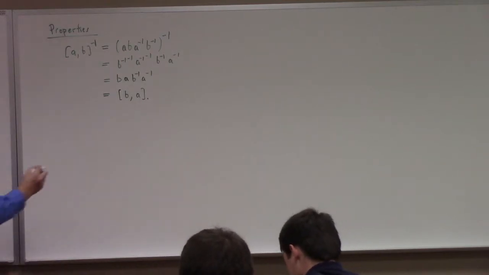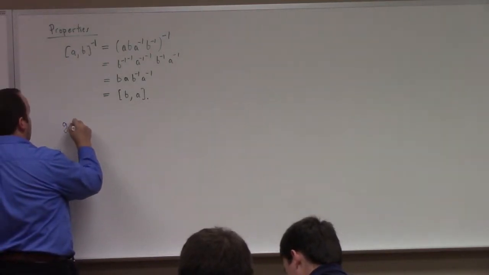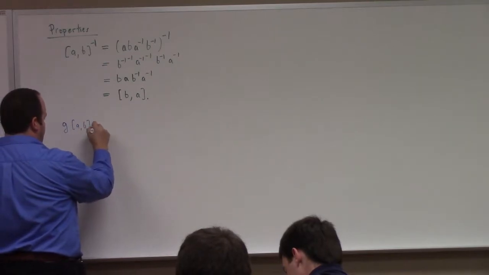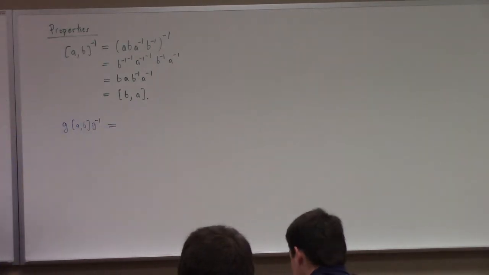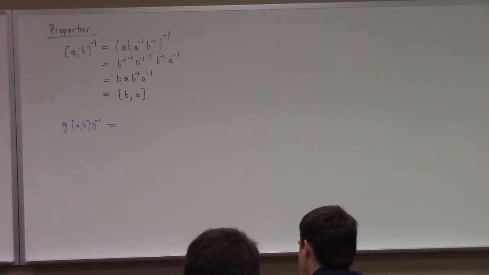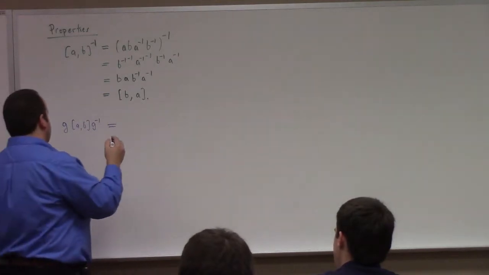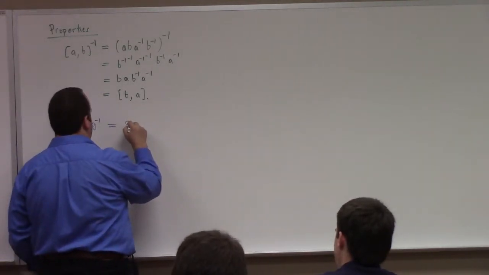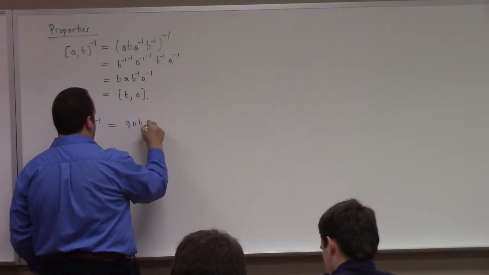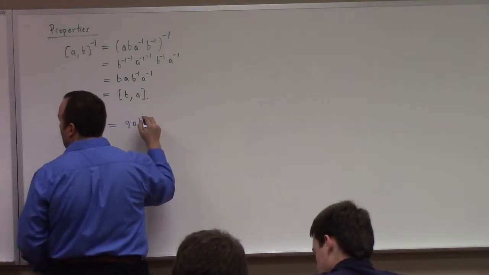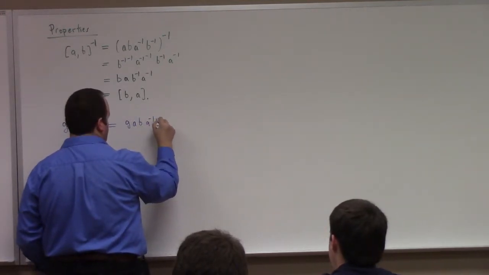And also, if we calculate g times the commutator [a, b] times g inverse, guess what it's equal to? What if we conjugate the commutator? What happens? So I'll write it down. That's g a b a inverse b inverse g inverse.